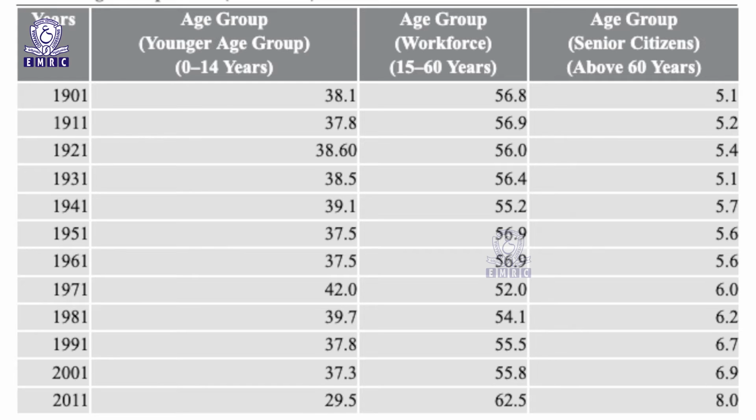The highest dependency ratio of the younger age group was in 1971, when it rose to 42%. There is a steady increase in the senior citizens age, that is the geriatric group, which was 5.1% in 1901 and rose to about 7% in 2001 and became 8% of the total population in 2011.